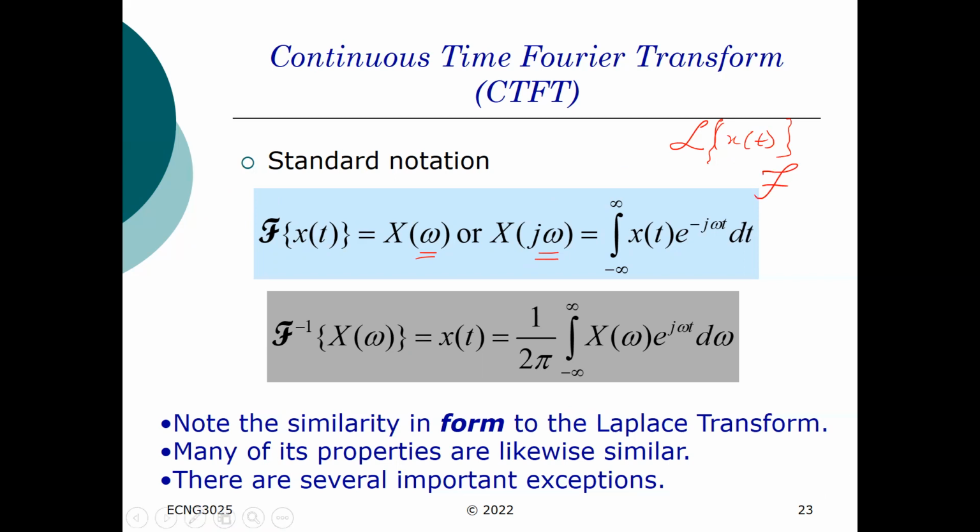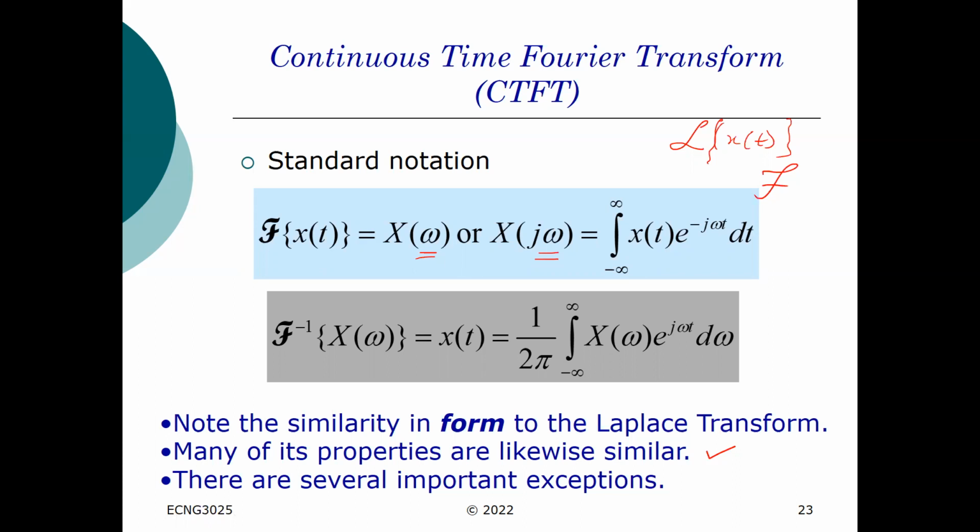The similarity in form, many of the properties are similar, right? And there were some important exceptions that we dealt with. We're not going to go back over them here, but just remember that the form of the transform is similar.